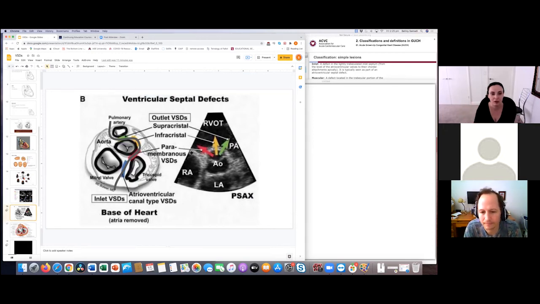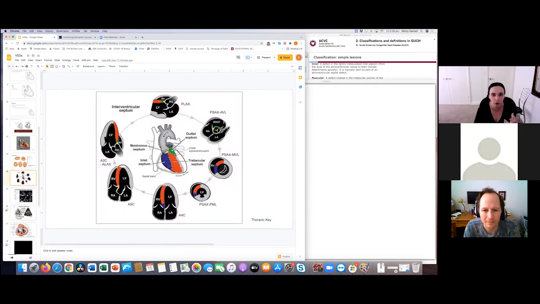On the other side, you have your tricuspid valve here, and next to that is going to be your perimembranous. But the middle is quite variable, so I guess just don't take what you read as gospel.